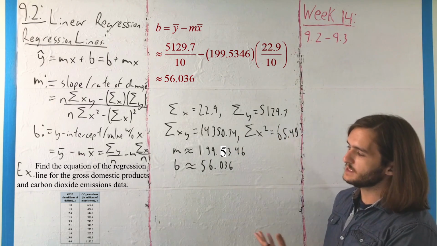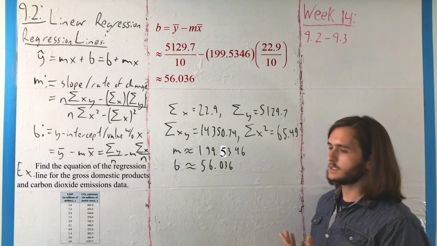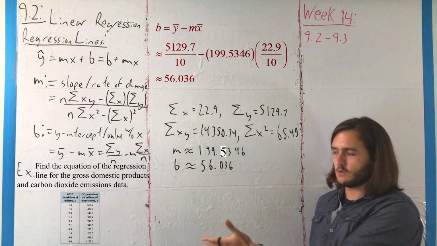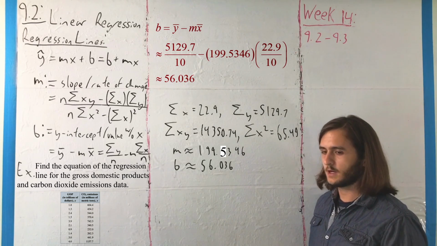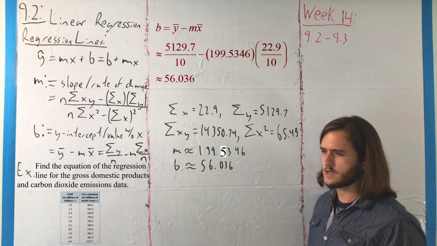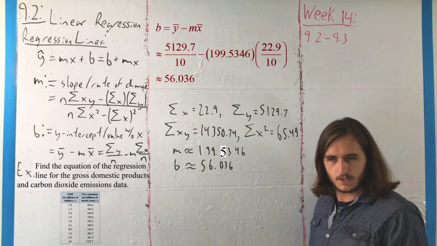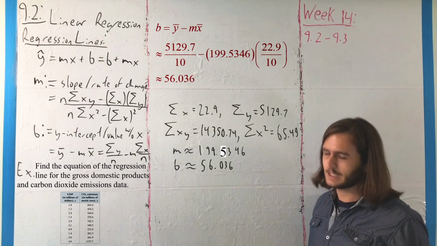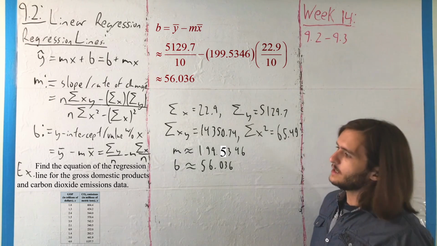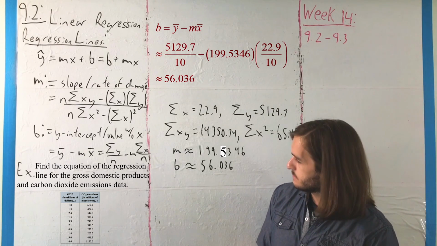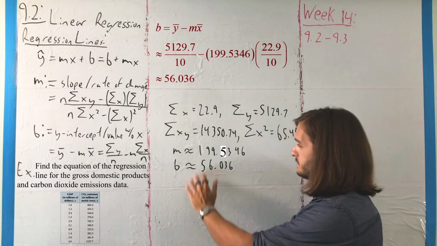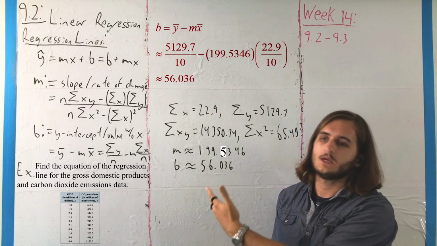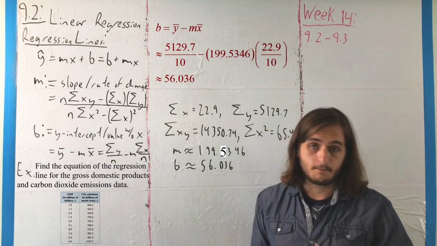And what this value b represents is the CO2 emissions for a country with no GDP, which represents an obvious limitation of the model, because a country with no GDP doesn't exist. So, again, with these types of scenarios, we're taking a bit of creative license with reality, and we have to understand that, as we'll see with applications.